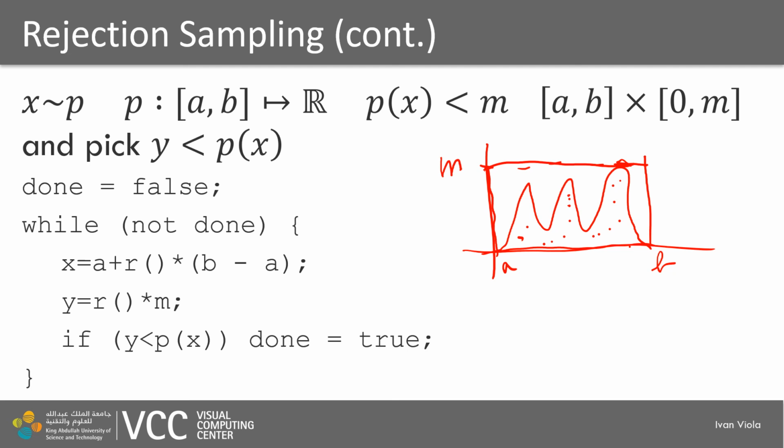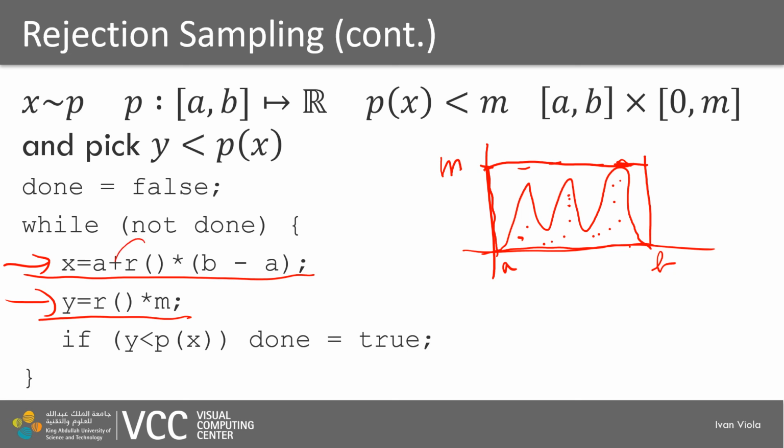And we can see this here. We are picking a random coordinate for x and a random coordinate for y. The x goes between a and b, and the y goes between 0 and m.